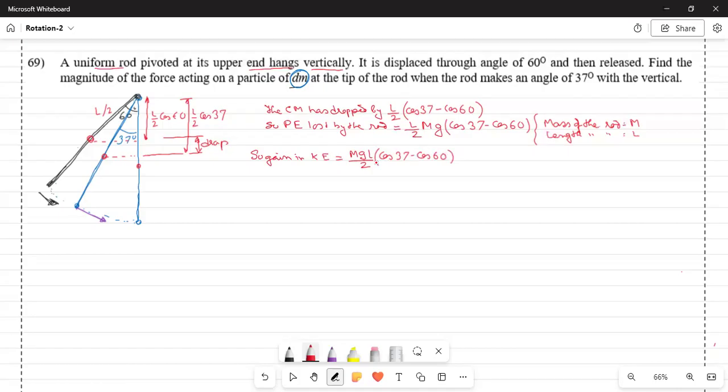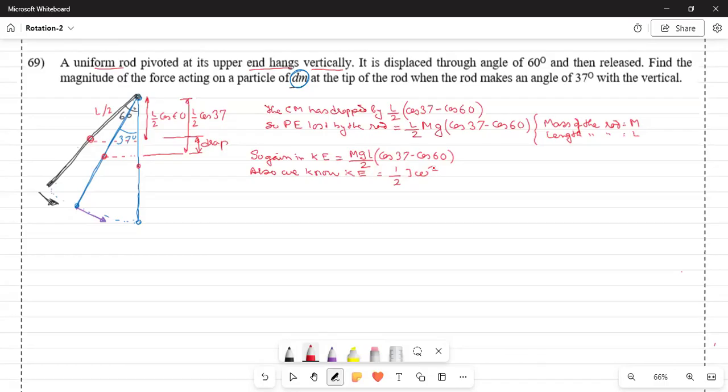Also, we know kinetic energy, we are of course talking about rotational kinetic energy, is half I omega square. So if we can find out I, we can find out omega. Right?